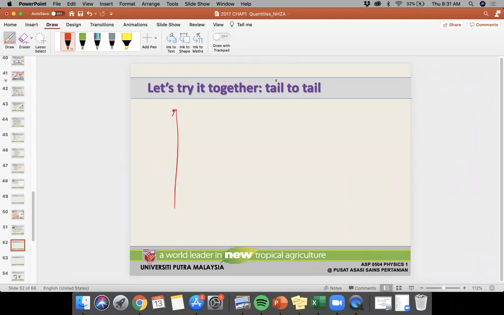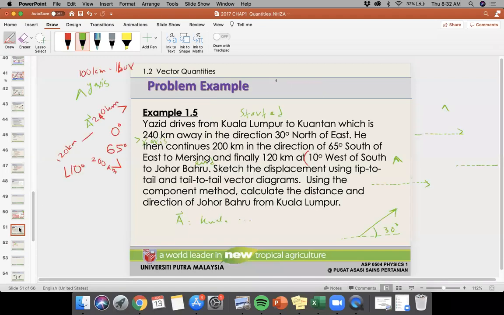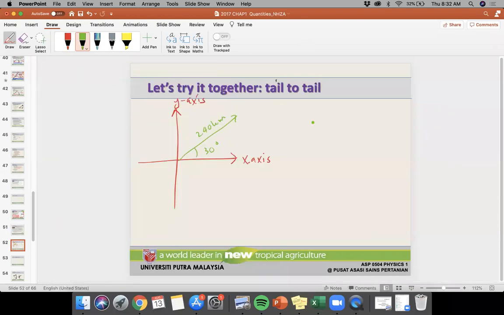So first we draw our y and x axis. Okay, good try everyone, if you did the y axis. And then we have our vector which is 240 kilometer, 30 degrees. And then 65 was 65 south of east. So I'm referring to my east.